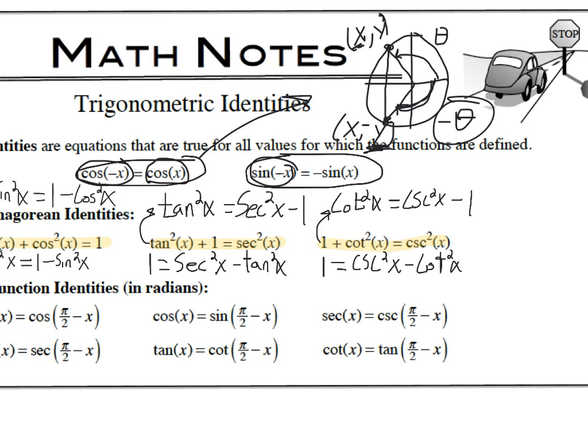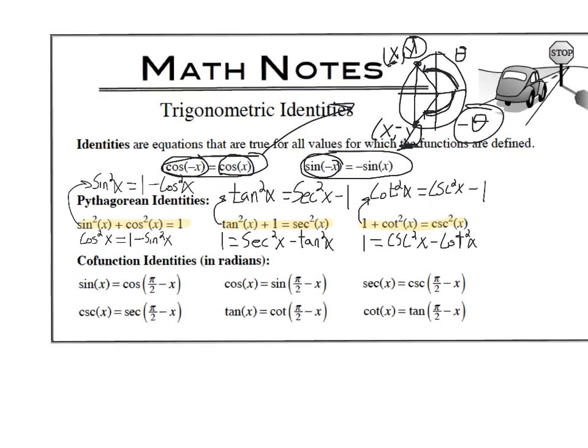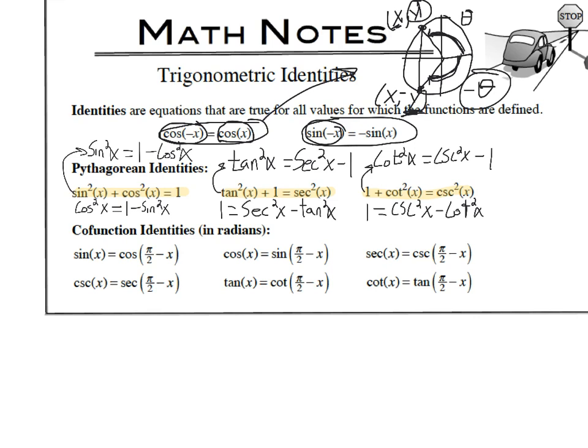That's going to be opposite the sine of a positive angle. If I go with my positive theta, I have a positive y coordinate there. So those are two more identities that we've actually used in the past.